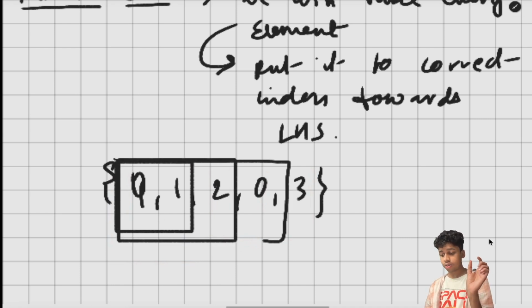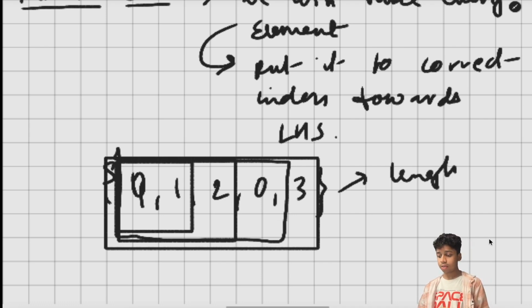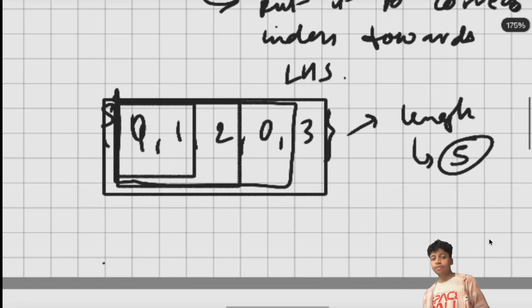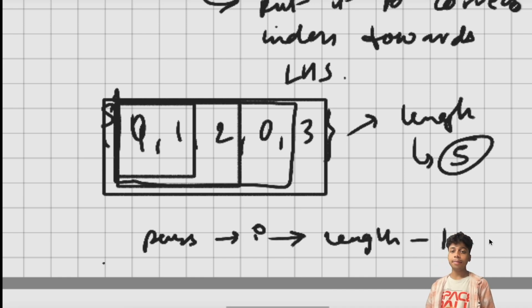After the third pass, this chunk will get sorted, and after the fourth pass, this chunk will get sorted. So until the fourth pass, this array gets sorted, and the length of this array is 5. It means the passes, or the iterations, will be length minus 1, the length of the array minus 1.